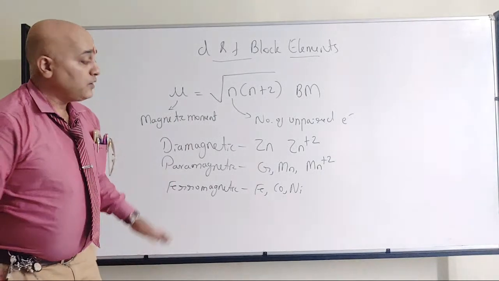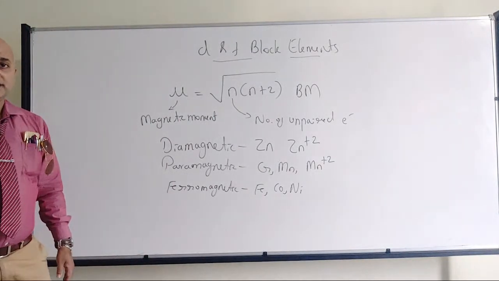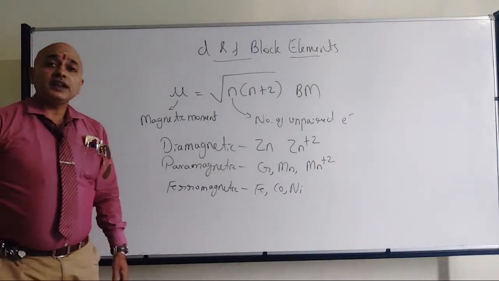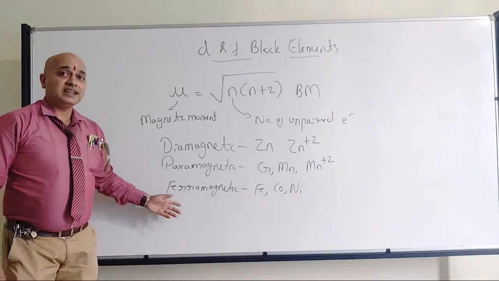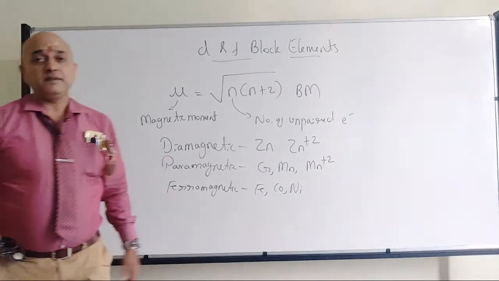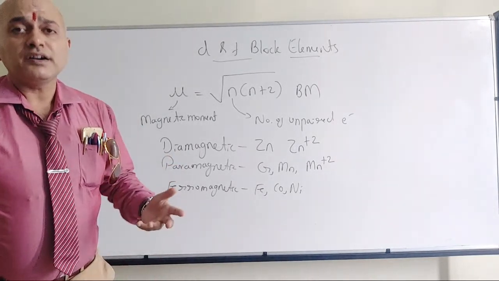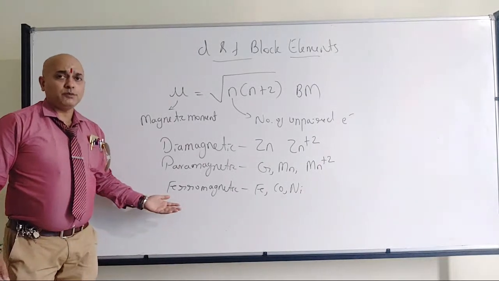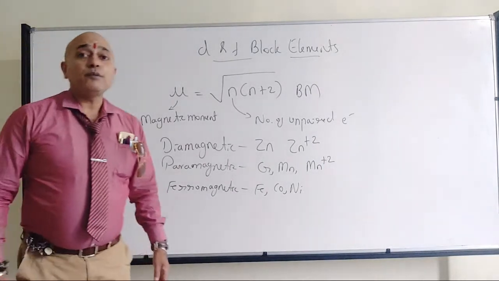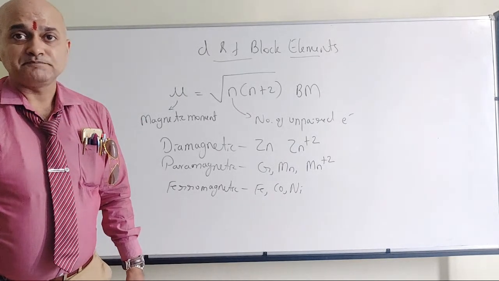They are the ferromagnetic elements. So why are they called ferromagnetic? Because if you provide the condition, they can be converted into a magnet, because they have a strong magnetic field, a strong magnetic moment. That's where we have the ferromagnetic substance.